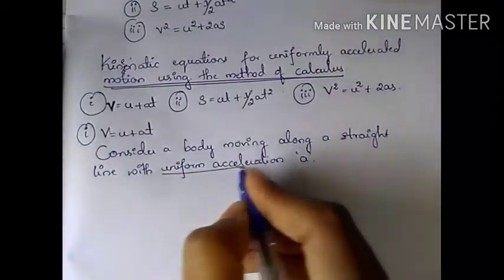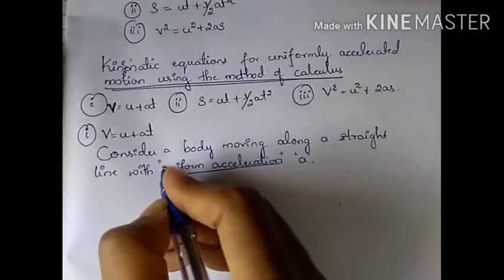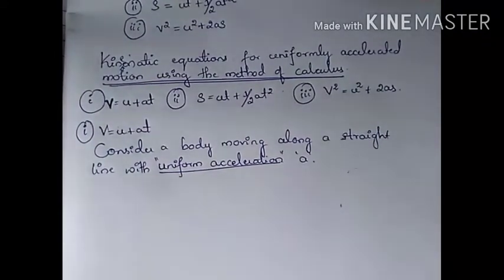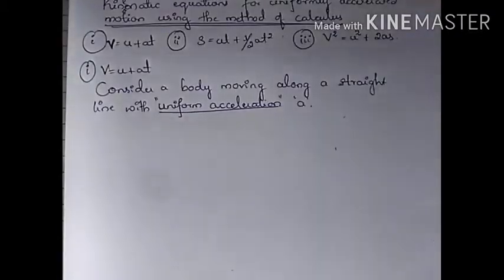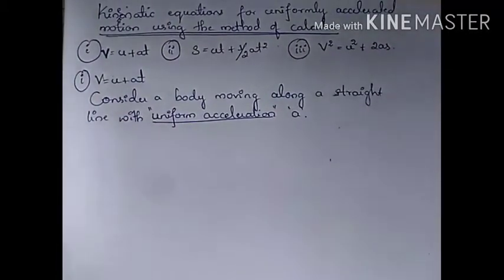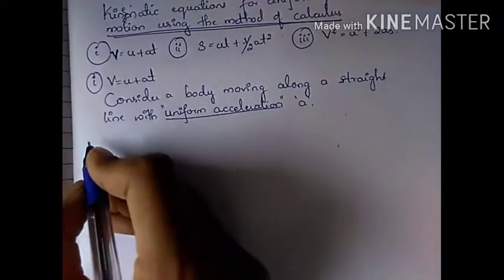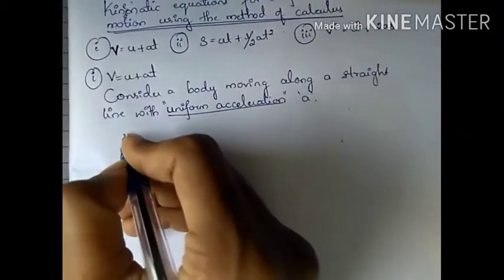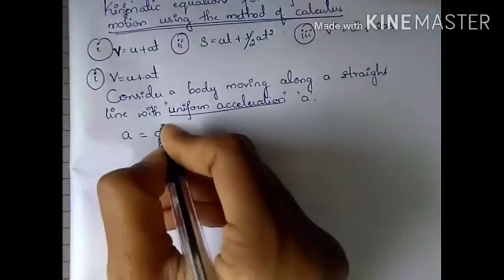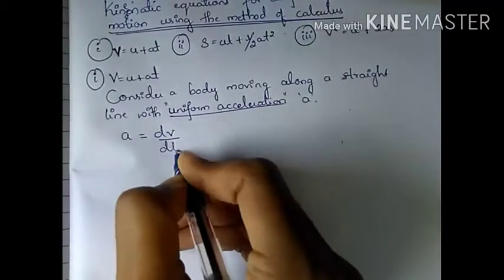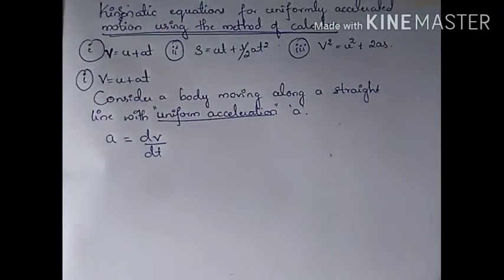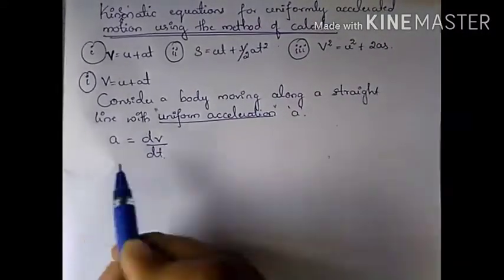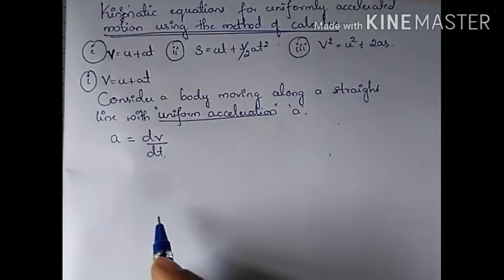So here we are again considering uniform acceleration. Next, by definition, how do we write acceleration? Acceleration can be written as a is equals to dv by dt. Why is this from definition? The definition of acceleration says the change in velocity with respect to time will give the acceleration.